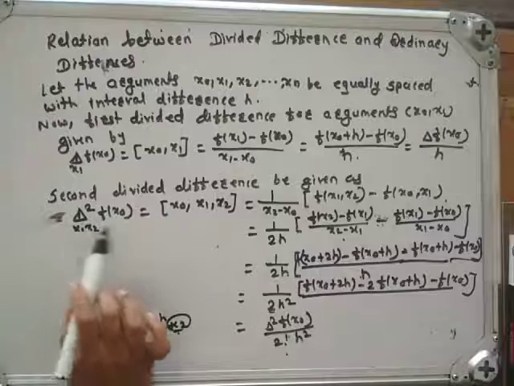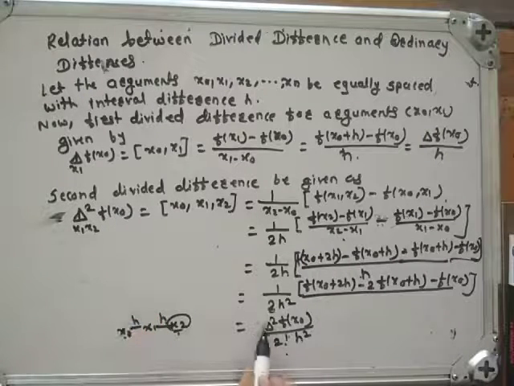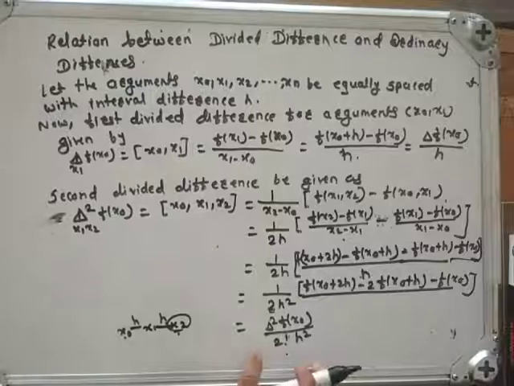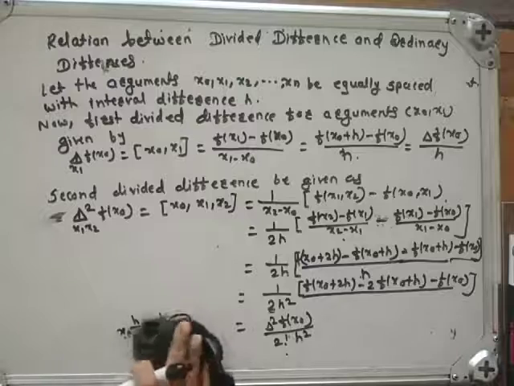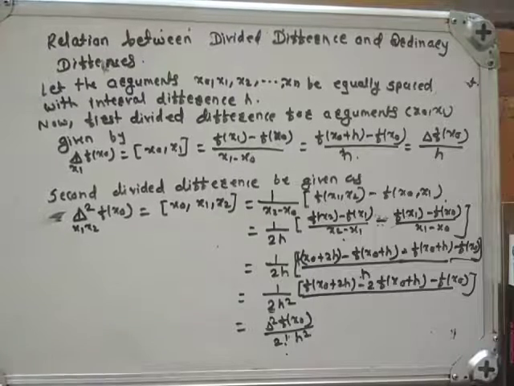So this is a divided difference and this delta represents ordinary difference. So this is the relation between divided difference and ordinary difference. Okay.